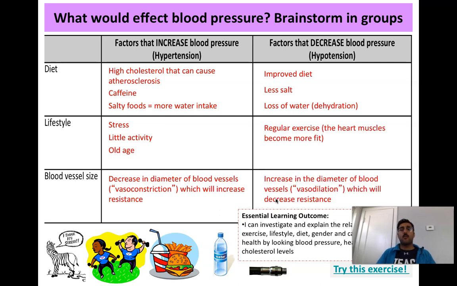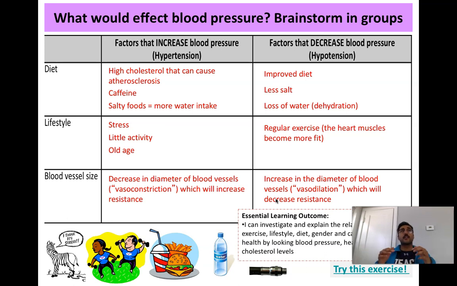Now, if you eat well, decreased blood pressure is actually a good thing. Now, we're not talking like major low blood pressure, but as you eat healthier and have less salt in your diet and live a more regular exercise lifestyle, you'll find that your blood pressure is going to drop. And that's good.